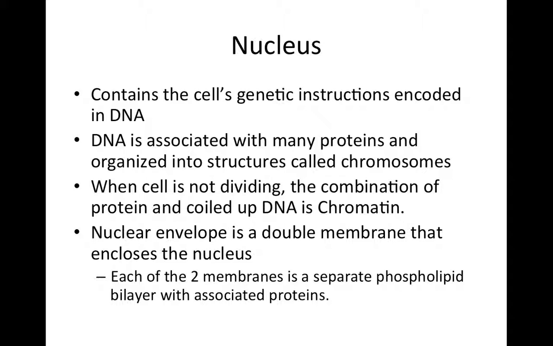And many of these proteins within this nuclear envelope do various things. They support the structure of the membrane and maintain the integrity of the nuclear envelope. They also help with shuttling DNA and proteins in and out of the nucleus during the transcription and translation process as well.